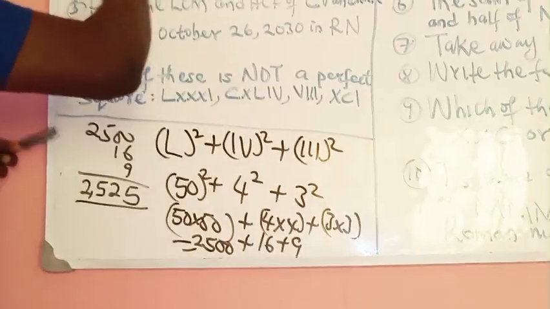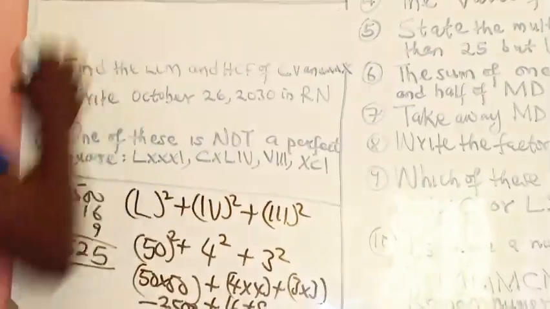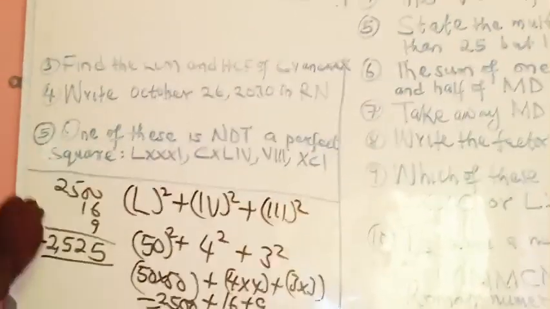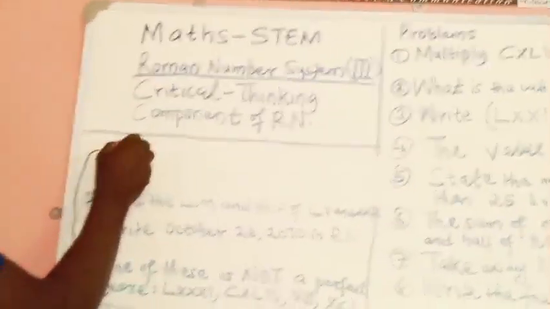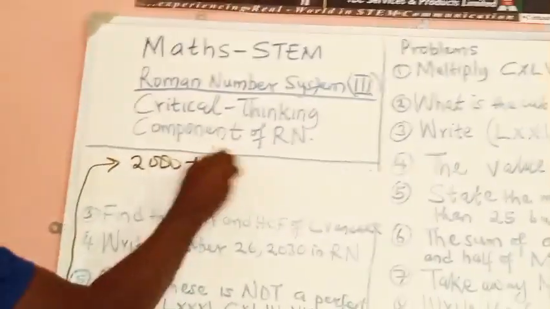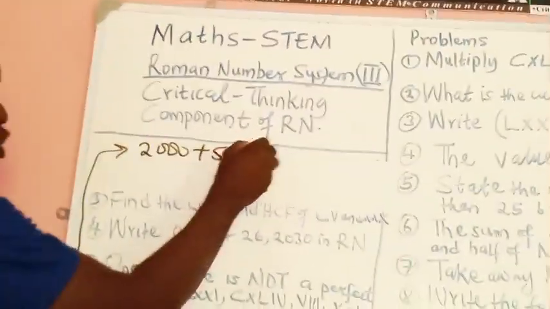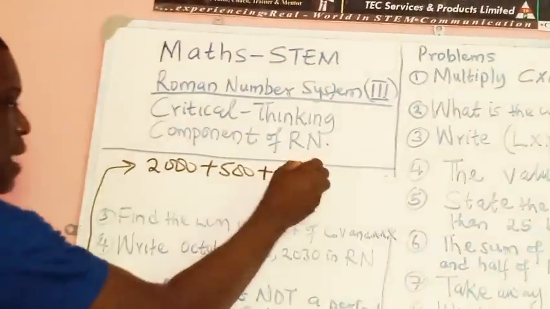So let me clean this. Let me clean the first 2 here, since we have already handled that, for us to be able to fine tune that. So I go here to write this one in, can you see the journey down here in Roman numerals? 2,525, that is 2,000 plus 500, okay, 25 plus, let's say 20 plus 5.